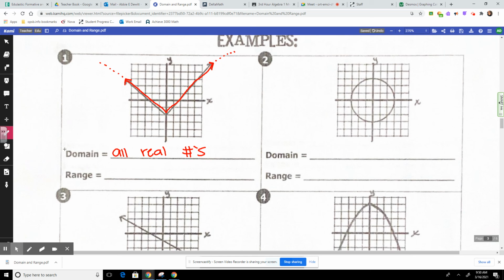Now your range for this one is a little bit different. Because if I scan my graph from top to bottom, I know that my graph is going to cover all my y values for all points from this point and above, because it continues to go up in both directions.